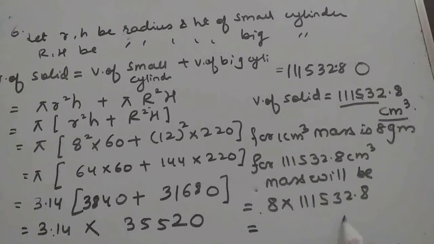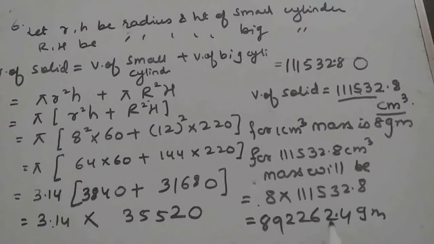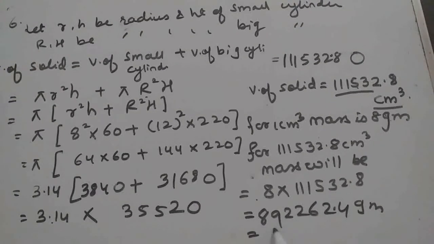Multiply these, with one digit after the decimal, and this much mass is there in gram. Now if we want it in kilogram, we should shift the decimal 3 places.